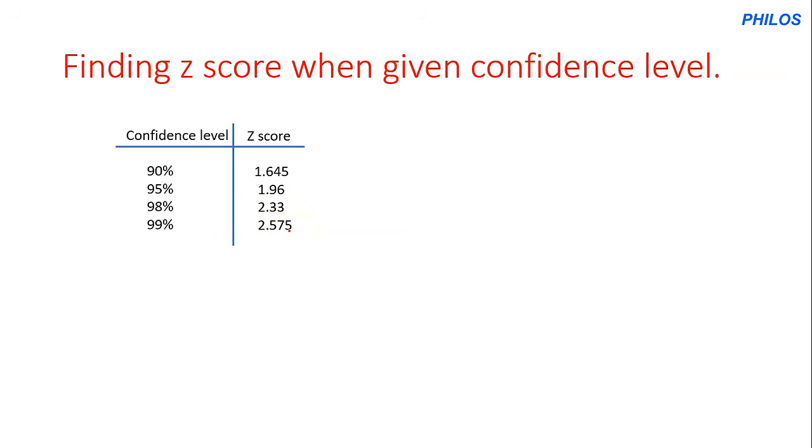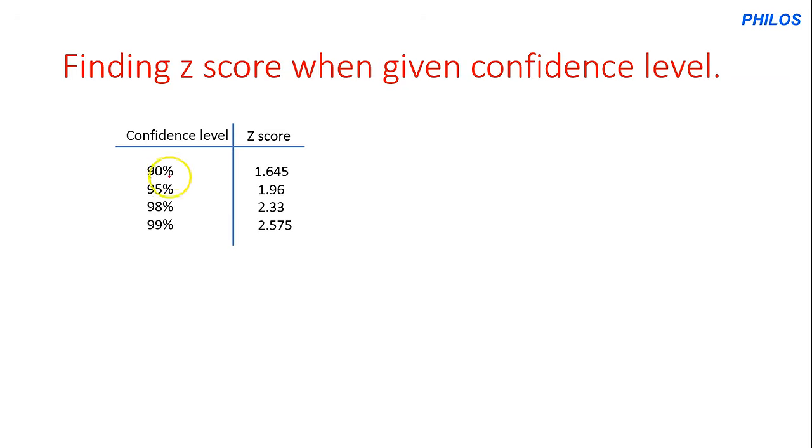Now, what about if a question gives you 85% or 80%? How will you find it yourself? So that's what we are interested in this subtopic. But I'm going to use the same 90%, 95%, 98%, and 99% to show you how to find it, so that whenever you have 85%, 80%, and any other percent, you can find it yourself.